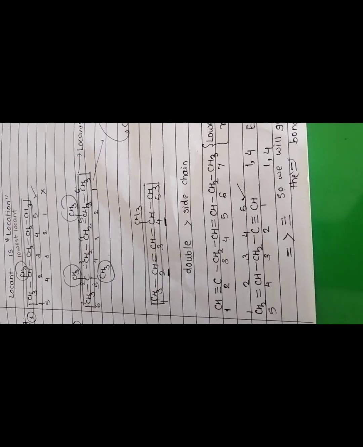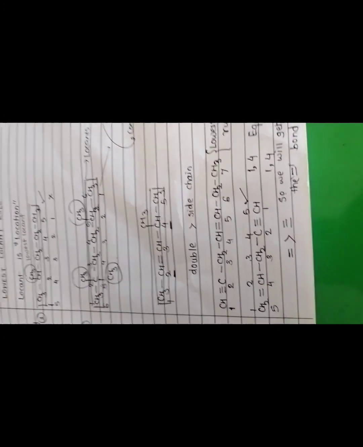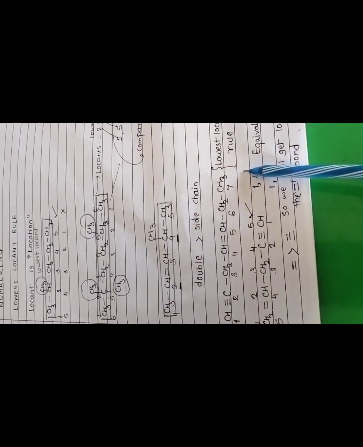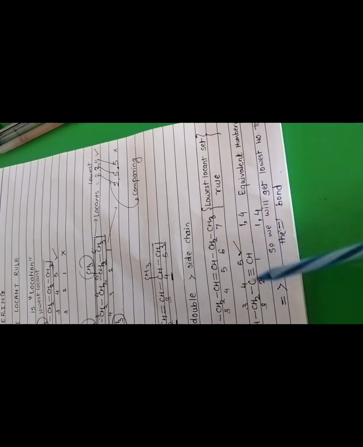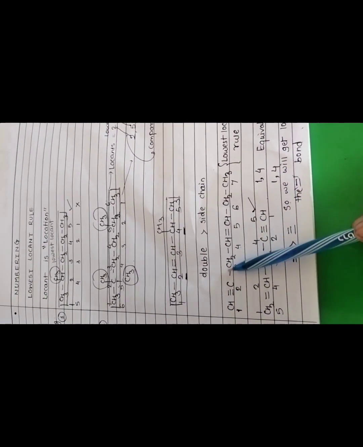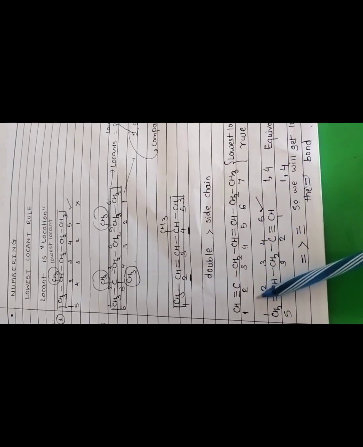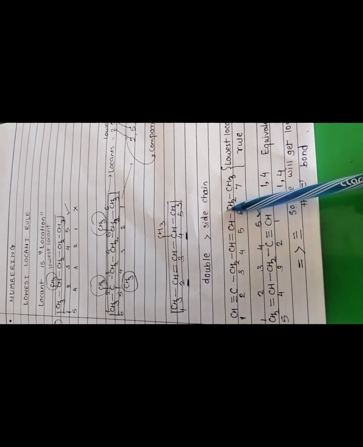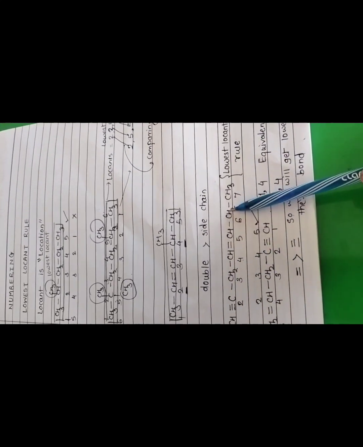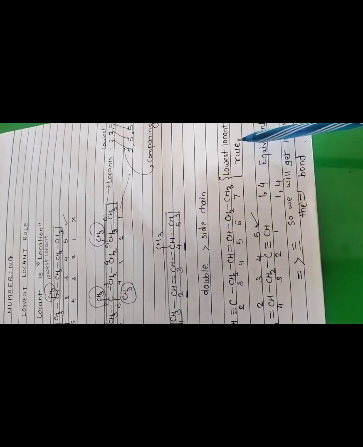Here I would like to bring your attention to the previous example, because in that example there is no need for the equivalent numbering, because the double bond or triple bond is not at the end position. So here the normal rule, the lowest locant rule, is used.